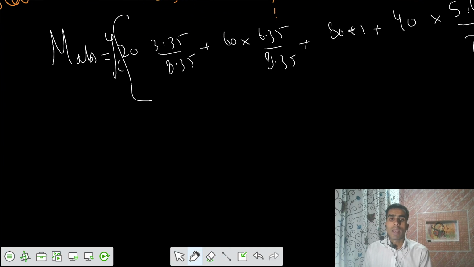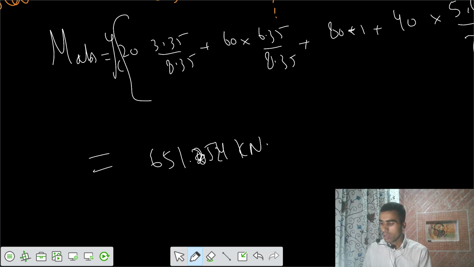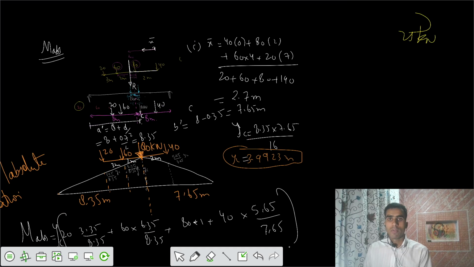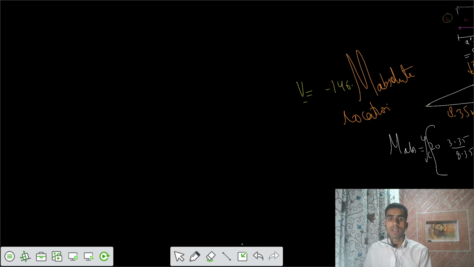So we have M absolute equals 651.524 kilonewton meter.